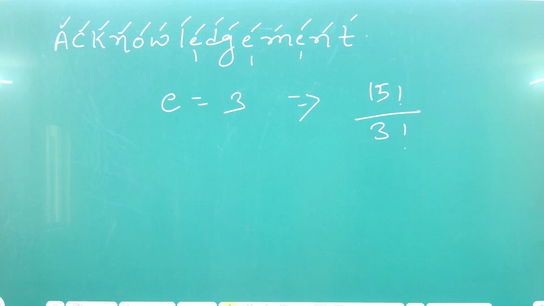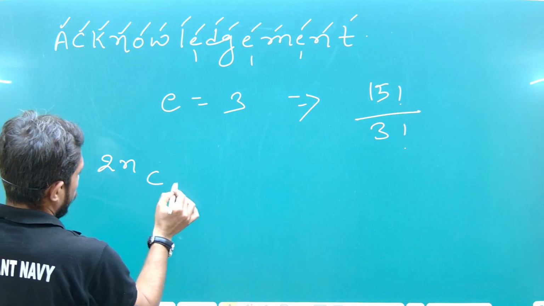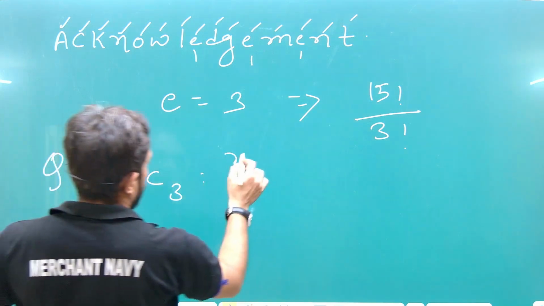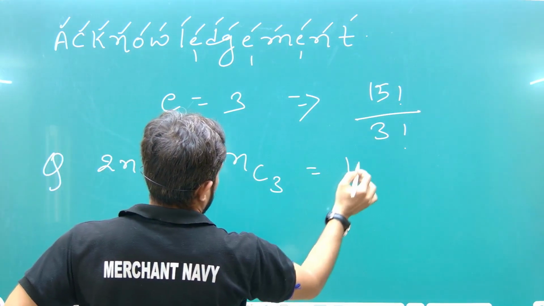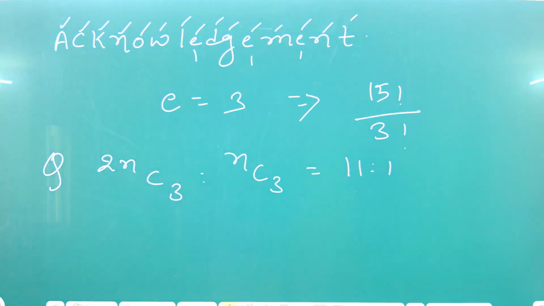Now, there is another question: if 2nC3 is to nC3 equals 11 is to 1, what is the value of n?